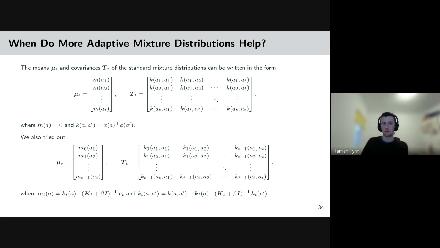Reason one is that the fixed mean and kernel functions can be viewed as the prior mean and covariance functions of a Gaussian process, and then M_t and K_t are actually the posterior mean and covariance functions of a Gaussian process. Reason two is that for any positive definite kernel function, this choice of capital T is actually always a positive semi-definite matrix.